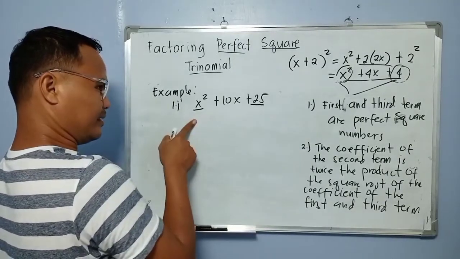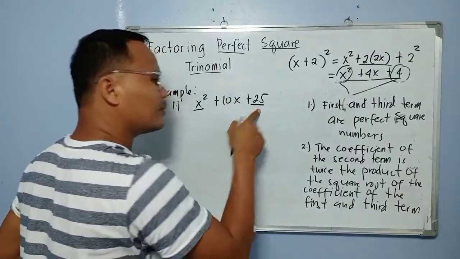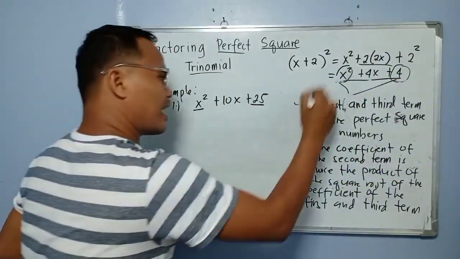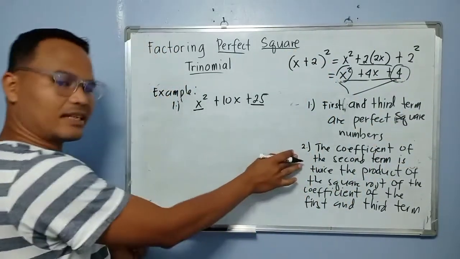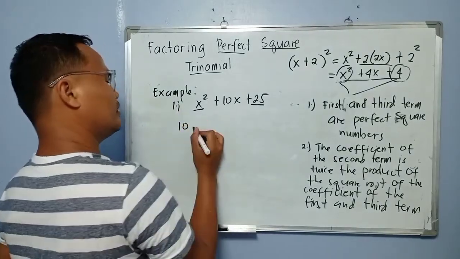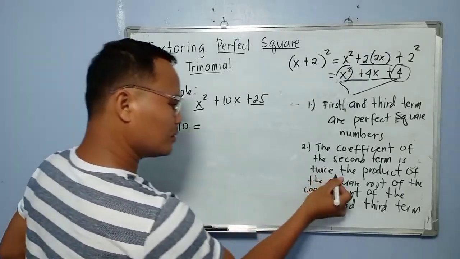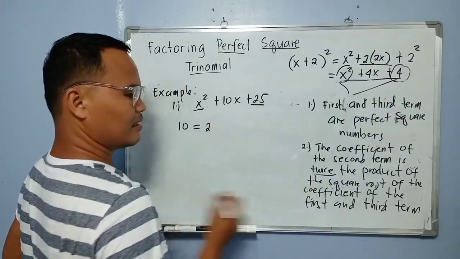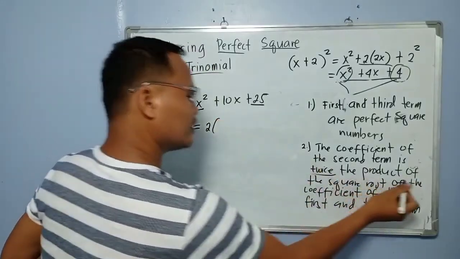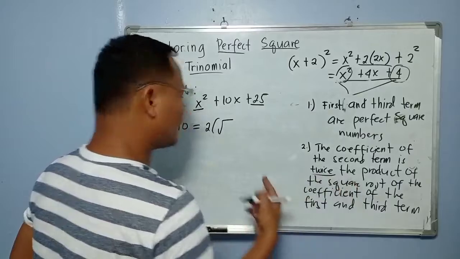Here, the first term and the third term are perfect square numbers. Check. How about the second condition? The coefficient is 10. Now, is 10 equal to twice the product of the square root of the coefficient of the first term?